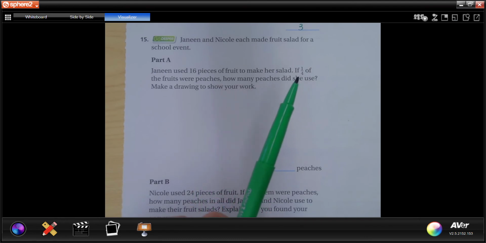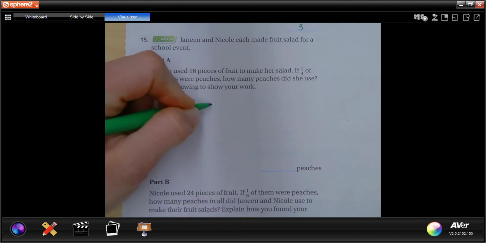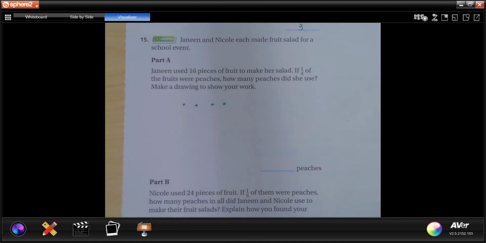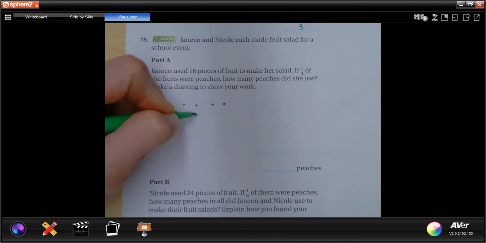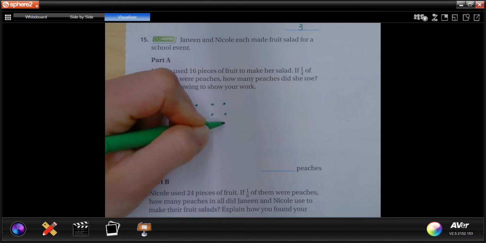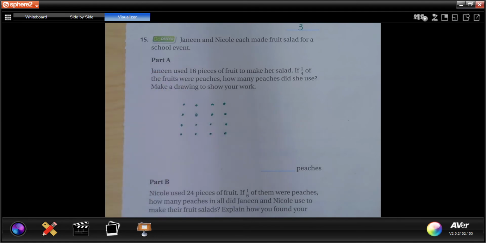Well, we know how many rows do we need? 4, right? Because there are 4 parts to our whole. So 1, 2, 3, 4, and there are 16 total. So 5, 6, 7, 8, 9, 10, 11, 12, 13, 14, 15, 16.